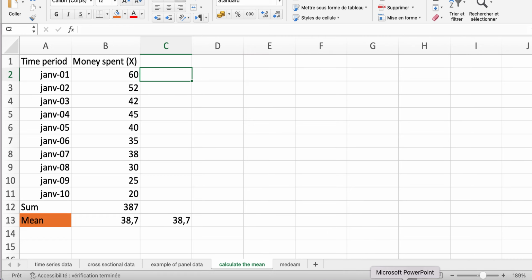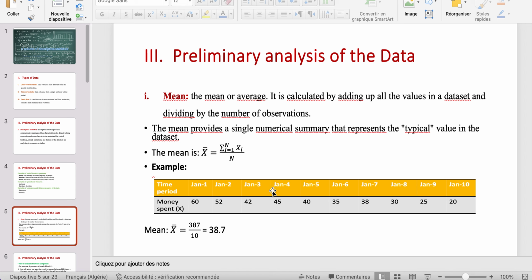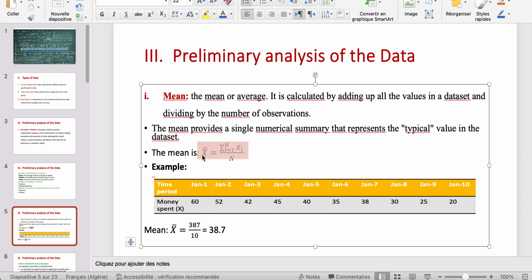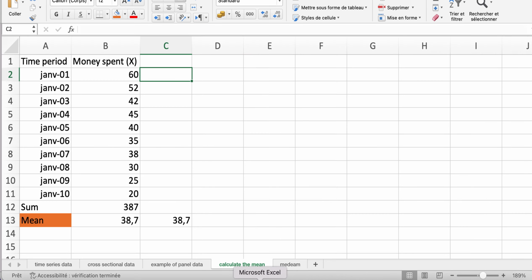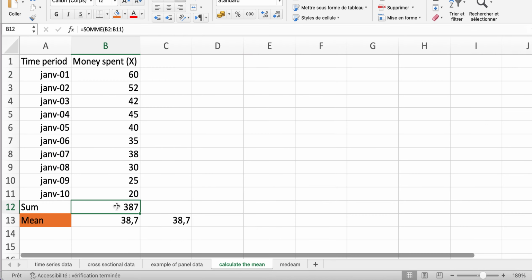To calculate the mean, we have a choice. The first one is we can follow this formula. First you calculate the sum.